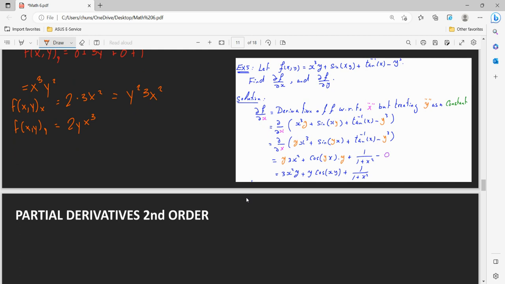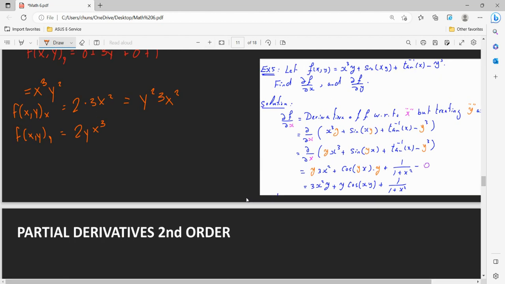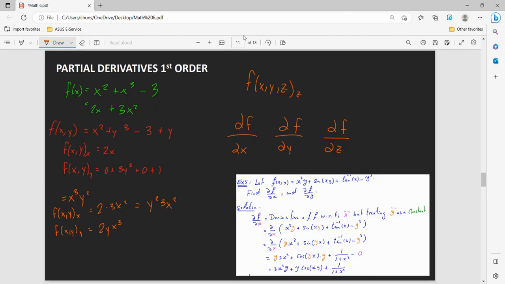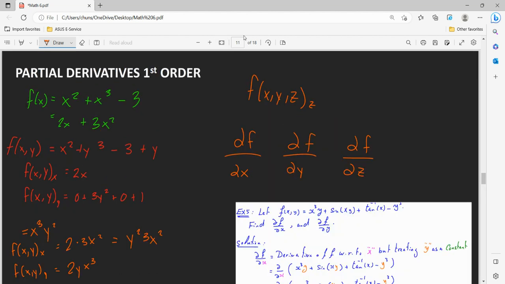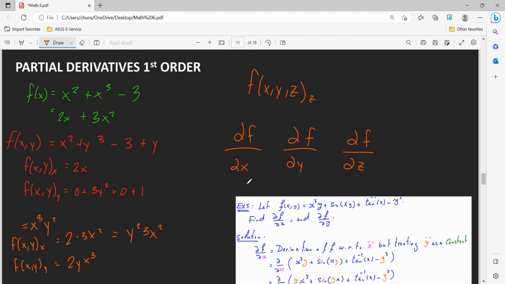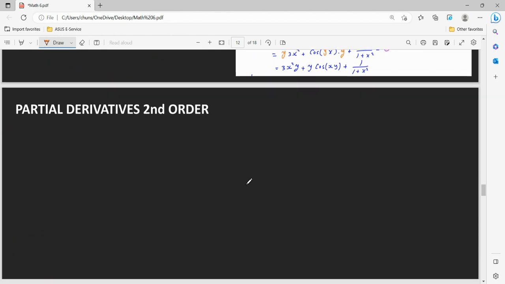Okay, so if I were to explain this one through, actually, no, I'm not going to explain it through. I am going to just show you this on screen. Feel free to take a picture and try it on your own, and just solidify your understanding of partial derivatives. So once we do some examples, it will make more sense, right? But that is how to do partial derivatives in the first order.